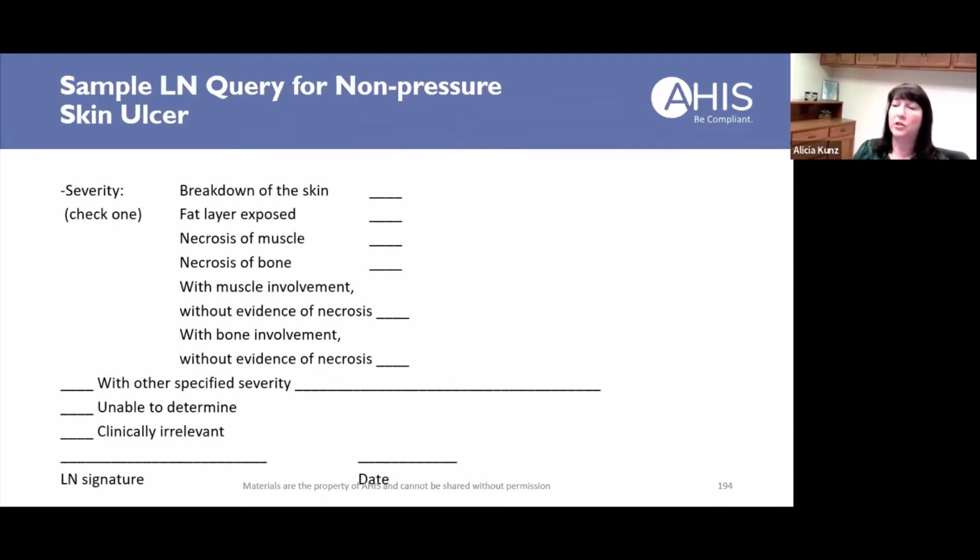On the bottom of the page, this is what it looks like. The nurse could check off the most severe severity level. So if they're telling you that they have necrosis of muscle and bone, you would code the more severe, which is necrosis of bone. Have them sign it, and place that in the medical record as your supporting documentation.